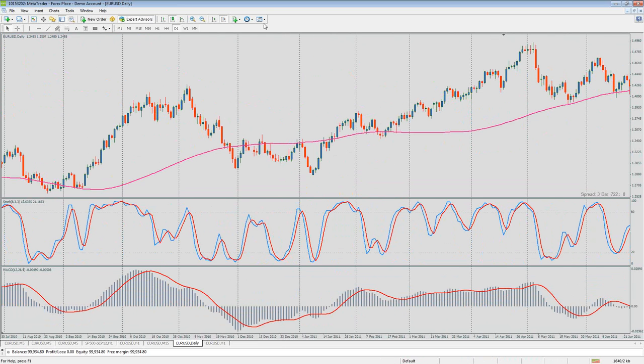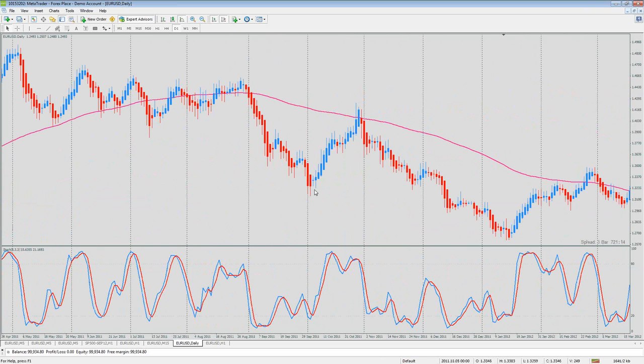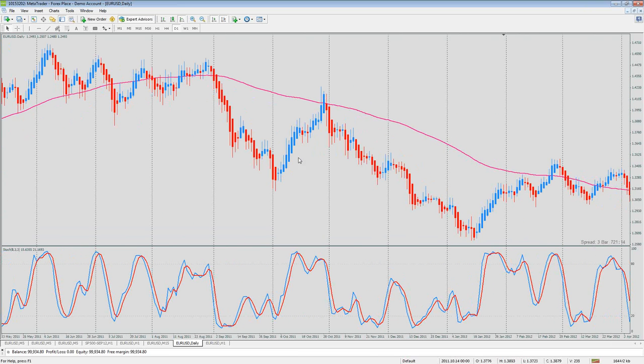Okay, so this template, again, the template I showed you, I called it the swing Heikin-Ashi stochastic, the swing HAS. It's for those of you who are more patient, who don't have much time to stare at the graphs, who just want to look for longer trends on the daily chart and then ride these trends on the hourly chart, for example, or maybe even on the 4-hour chart.